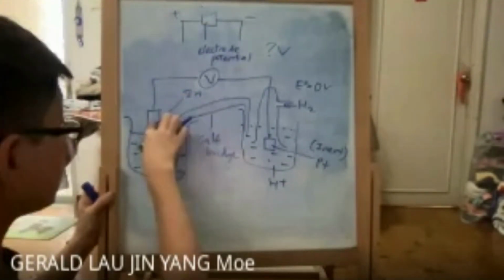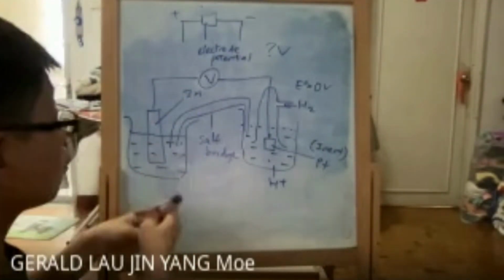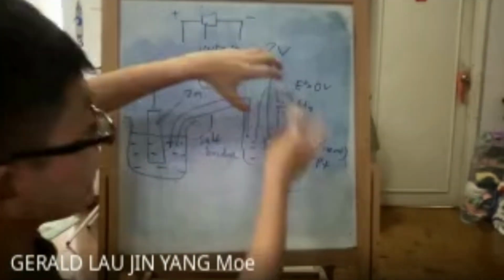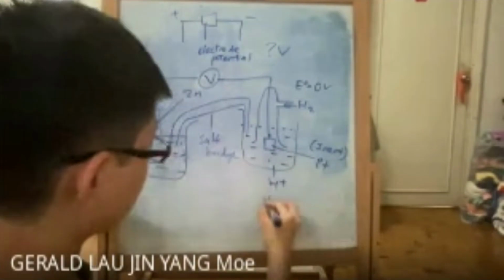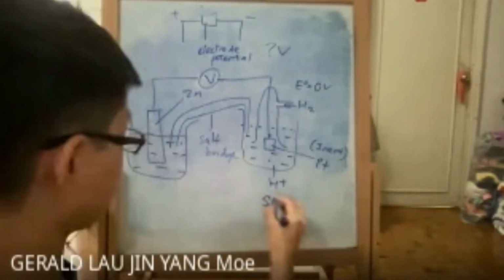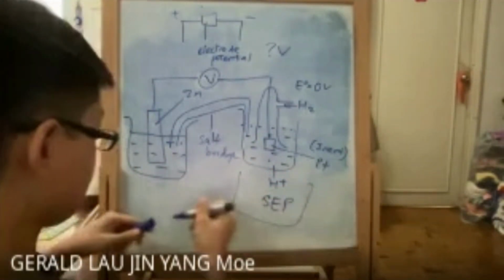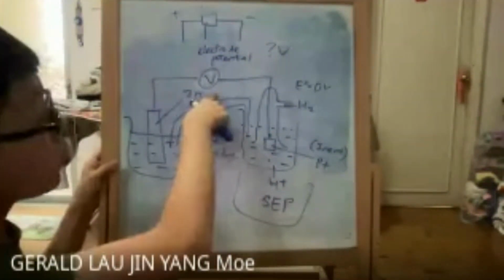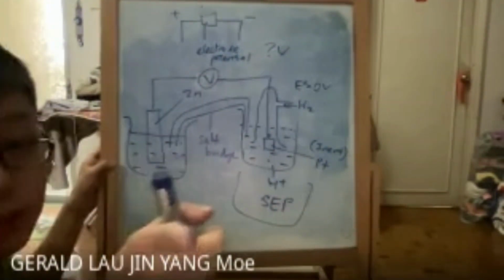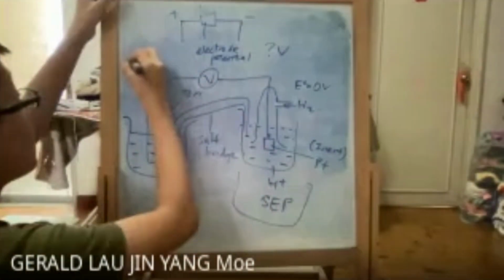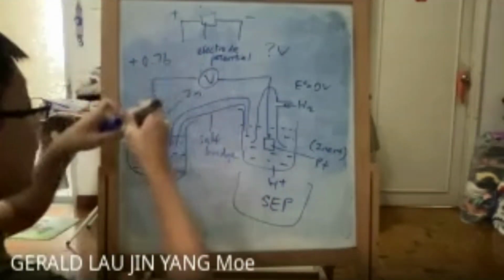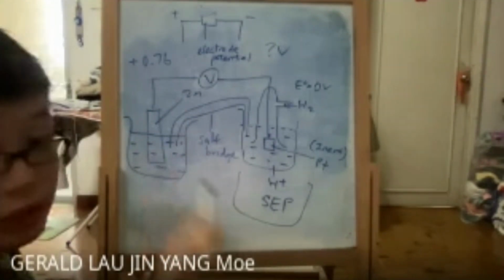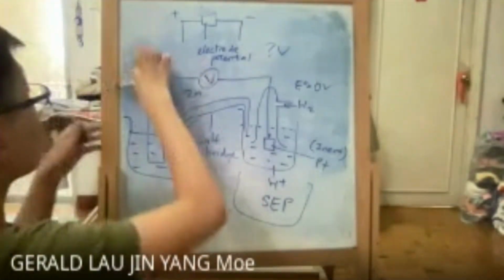So I put the metal here, connected to this. This is the standard electrode potential, SEP. So I connect zinc to SEP. The voltage reading is 0.76. So I know the E naught value for zinc is positive 0.76. Sorry, negative.